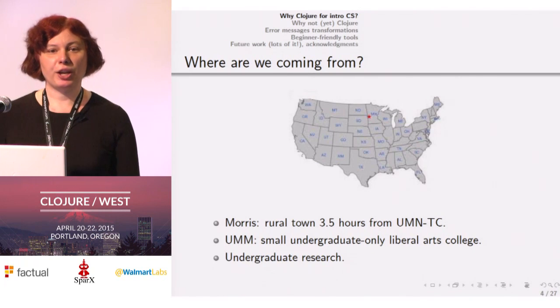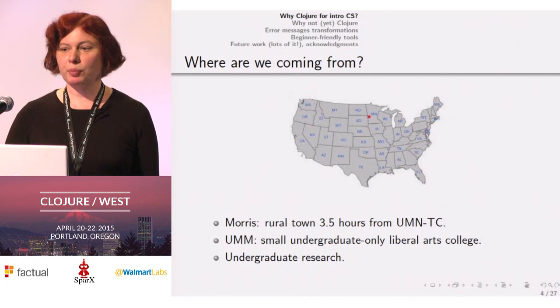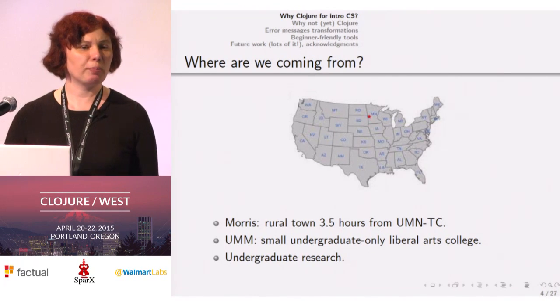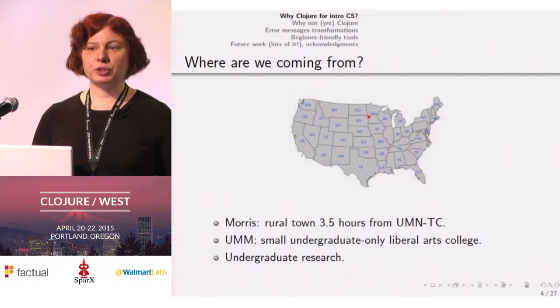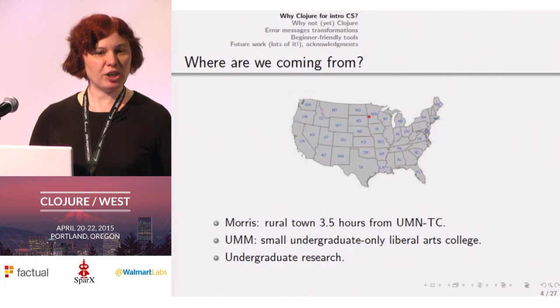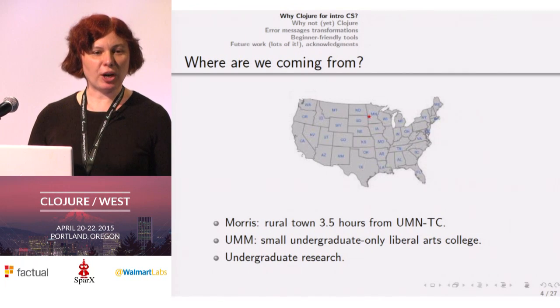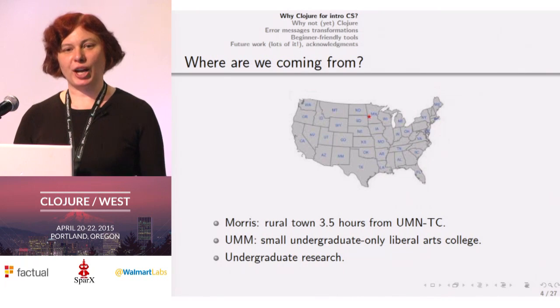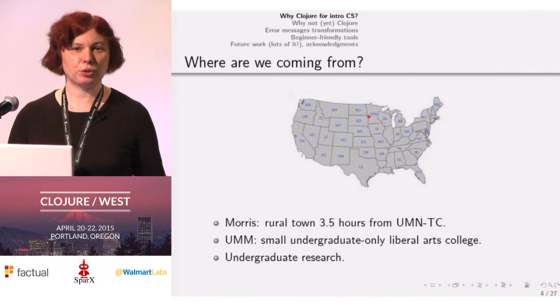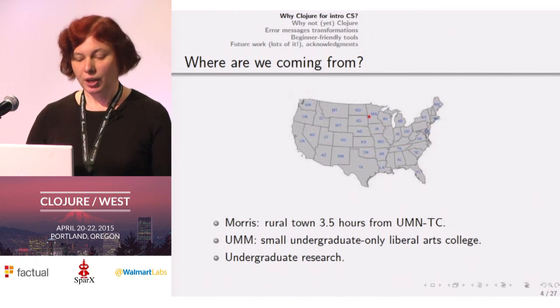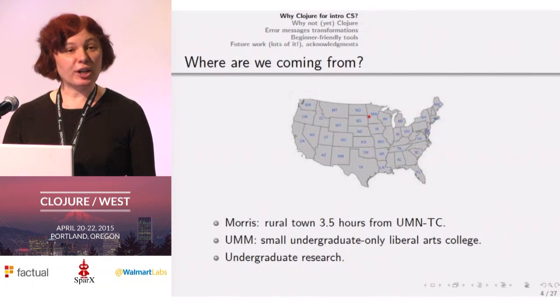We run a very small computer science program, and if you're thinking small, well, we graduate about 15 to 20 students with computer science major. If you're wondering how many faculty it takes to make that possible, the answer is 3. 3 full-time, and we have sort of on and off, maybe one more person. So we are small.